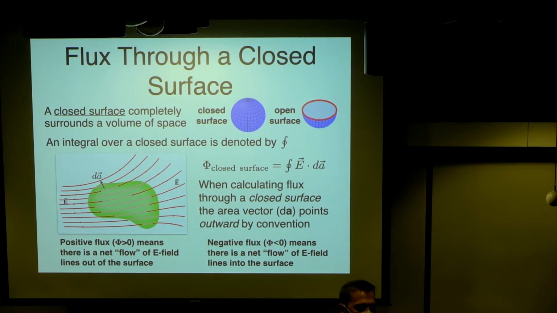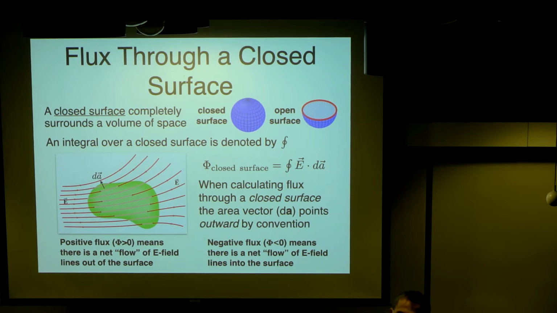In other words, there's more E field lines going out of the surface than coming into the surface. That would be positive flux. And by the same token, negative flux would mean there's a net flow of your E field lines going in. Okay, so in other words, there's more lines coming into your surface than there are coming out of your surface.